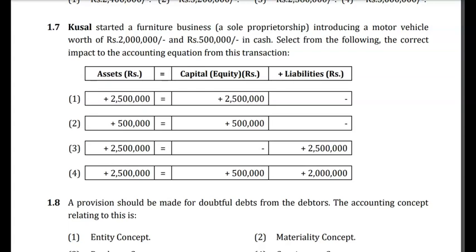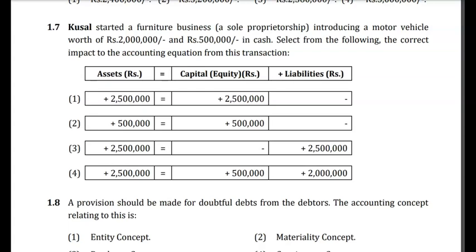He didn't take a loan or something like that. He didn't buy on a credit. He has given in cash. He has introduced directly a cash, and he has directly introduced a motor vehicle. So there is nothing to think about liability here. Nothing is credit. So answer number 3 is wrong.